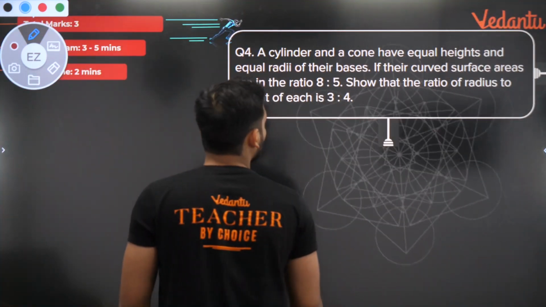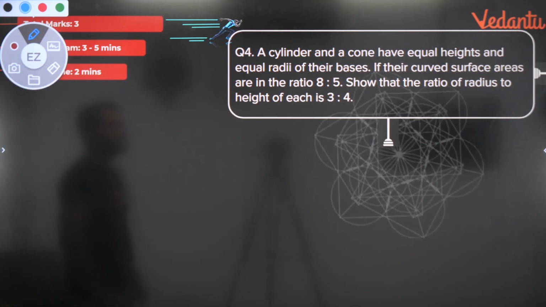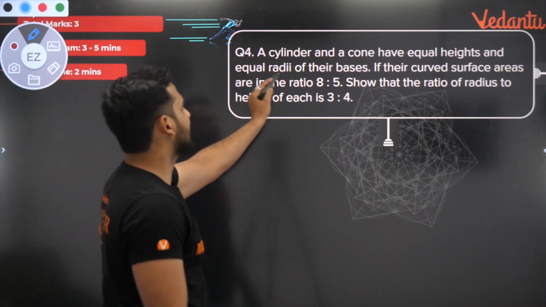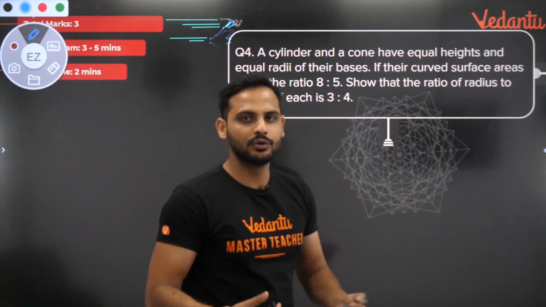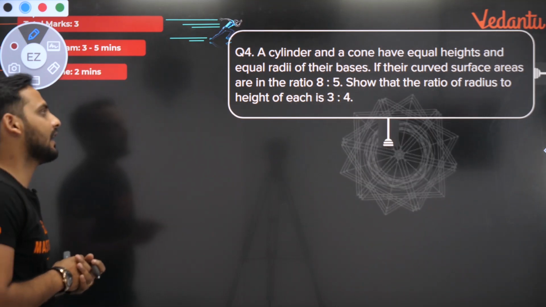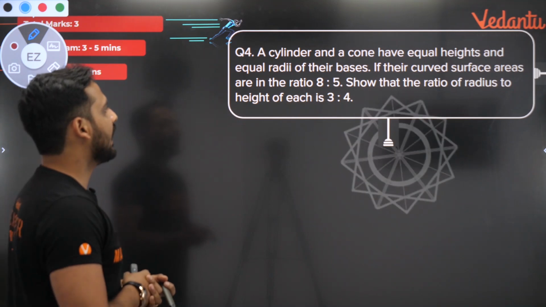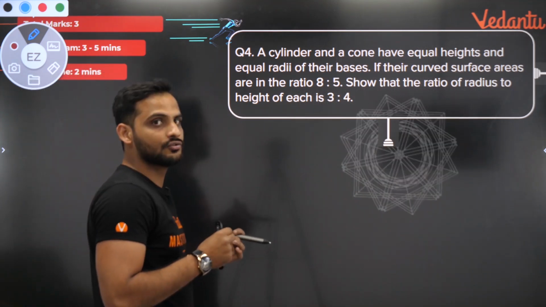The next question is this. A cylinder and a cone have equal heights and equal radii of their bases. That means their radii, which is nothing but the plural of radius. If their curved surface areas are in the ratio 8:5, show that the ratio of radius to height of each is 3:4.